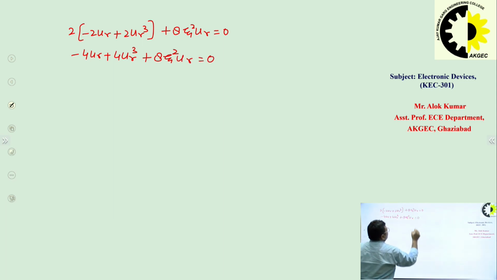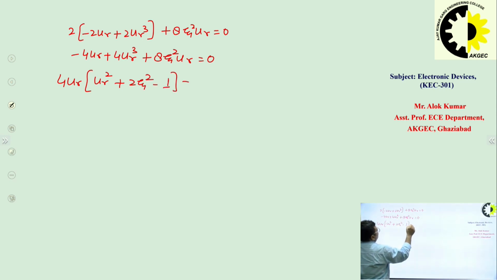Multiplying the 2 inside the bracket, we have minus 4 ur plus 4 ur cube plus 8 zeta square ur is equal to 0. Now we can take 4 ur common. Then it will be ur square, from here we will get 2 zeta square, and from here minus 1 is equal to 0.